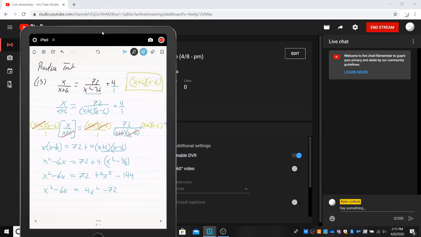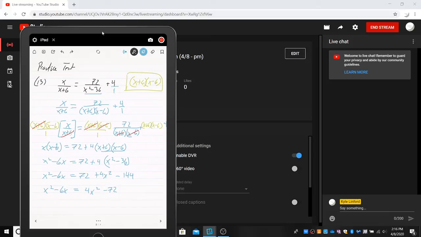Well, it's a quadratic, so we need to solve this using any of the methods we can for solving quadratics. Because what other way is there, right? It's not like you can keep isolating the x value. What we have to do is either, one, hope that the zero product property works, or two, use the completing the square method, or, now that we know it, we could use the quadratic formula.